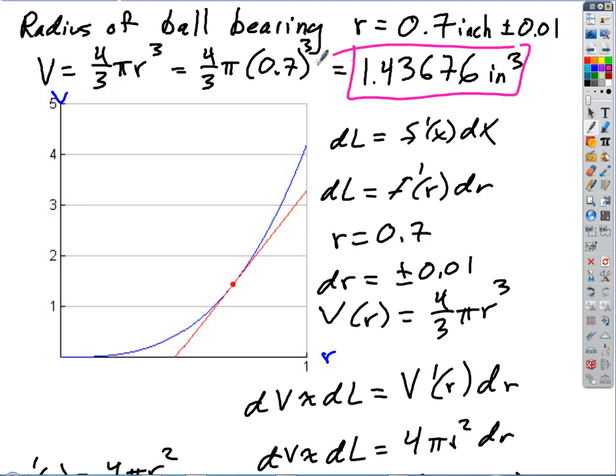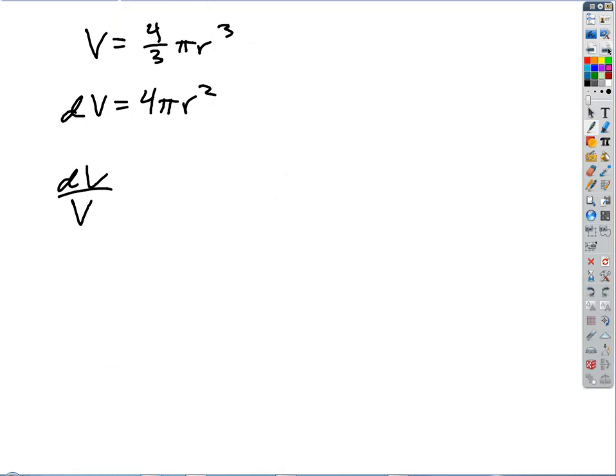That's going to work. Do you see maybe an easier way of doing that? Can I avoid having you do both of those complete calculations? Because most of the time, this is really what I'm after anyway. Most of the time, I don't really care what the actual propagated change in volume is going to be. I just want to know, for example, what's the relative percentage error going to be? The volume's going to change by plus or minus what percent?